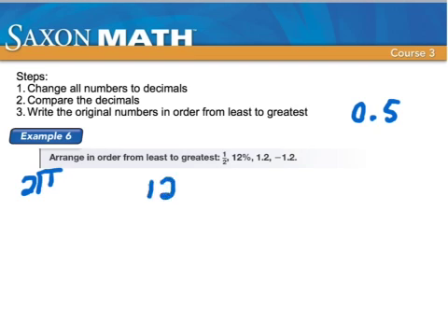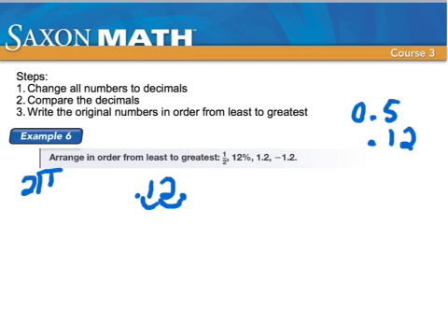To write that as a decimal, when we go from percentages to decimals, we throw a decimal point on the end and move it 2 places to the left. So it's 12 hundredths. Now notice I lined my decimals up, because when we compare decimals, we had to line up the decimal points.